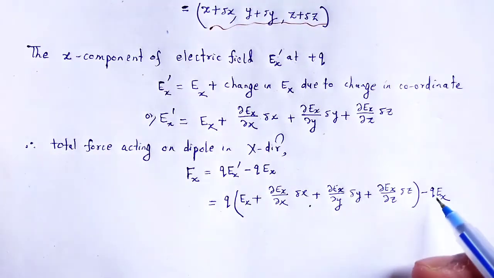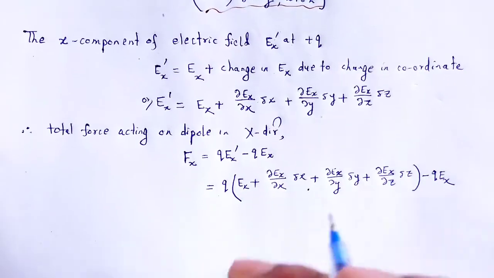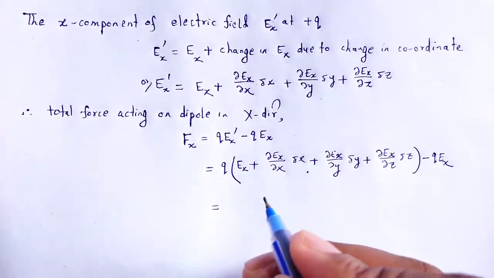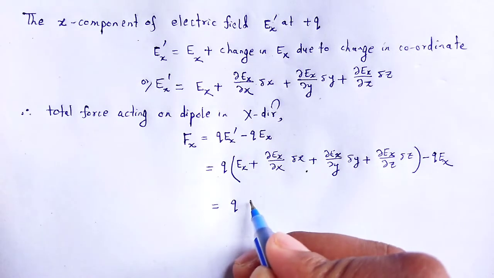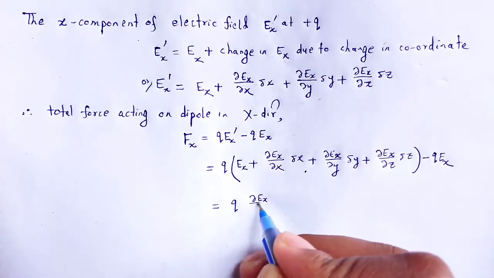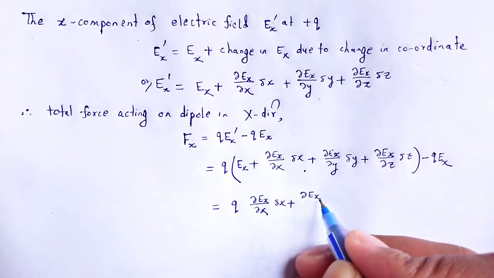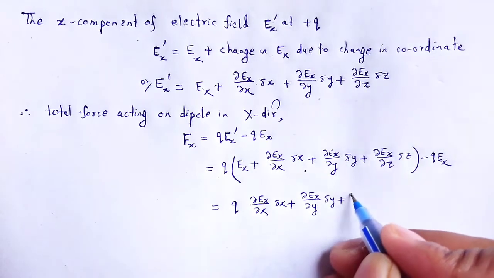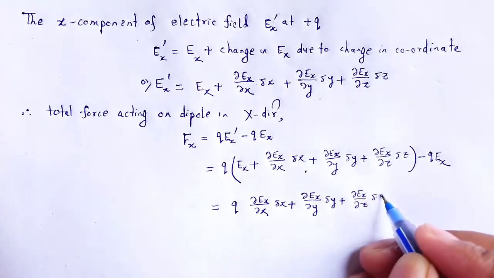The q Ex terms cancel out, and only these terms exist: q times del Ex del x delta x plus del Ex del y delta y plus del Ex del z delta z.